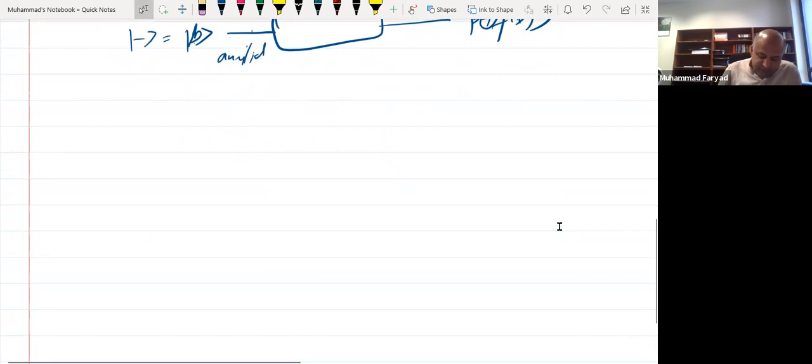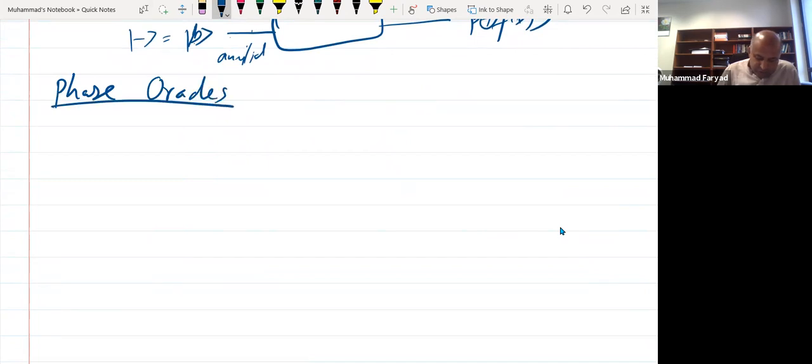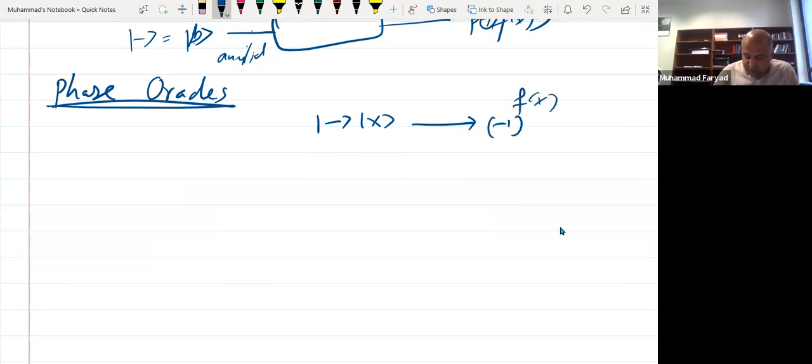So I will just restrict myself to phase oracles. So phase oracles are like this: if the input state is minus and x, it is transformed to minus 1 power f of x times minus and x.